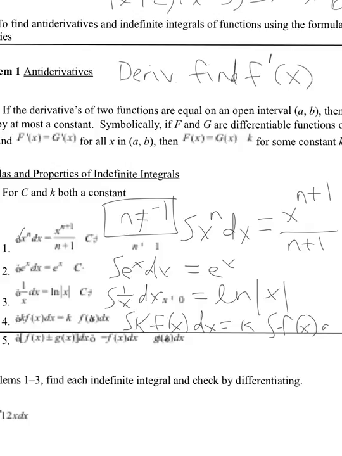So it won't matter if it's a natural log, if it's exponential, if it's polynomial. If there is a number in front of our function that's being multiplied times that, we can kick it out and just keep it, and it'll get multiplied by whatever we get after we integrate the function.